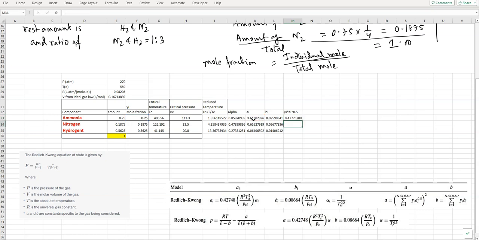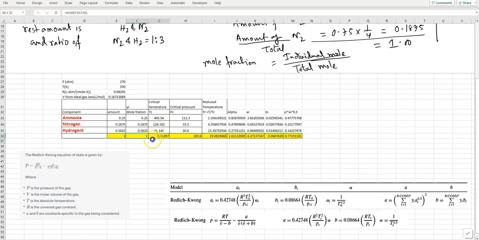If we calculate that, we will get that. Now if we drag that, we will get yi ai to the power 0.5. Now we have to take the summation. If we drag that, we will get the summation.